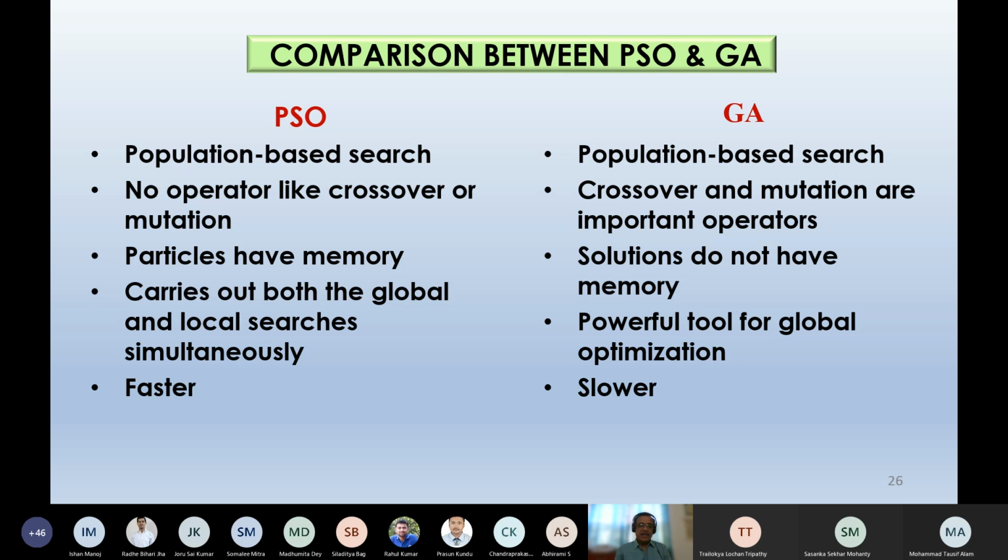On the other hand, genetic algorithm is a powerful tool for global optimization, but its local search capability is poor because it does not have the memory. And as I told, PSO is faster and genetic algorithm is slower.